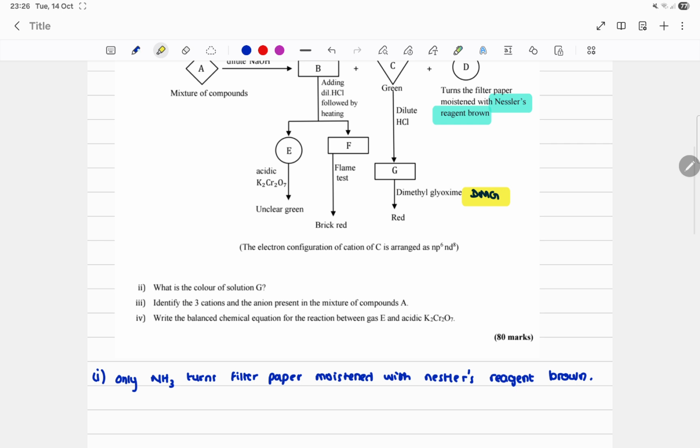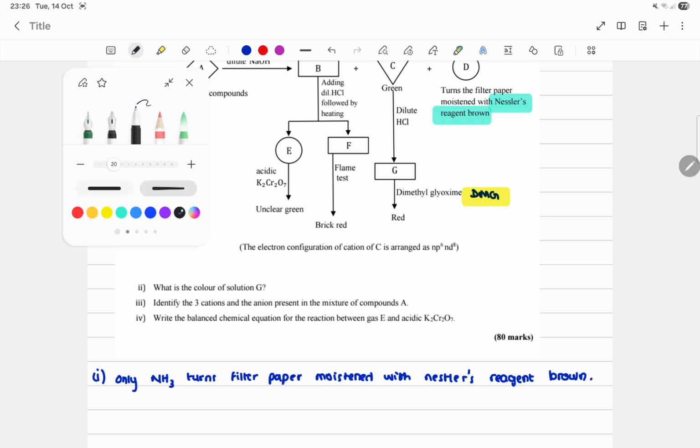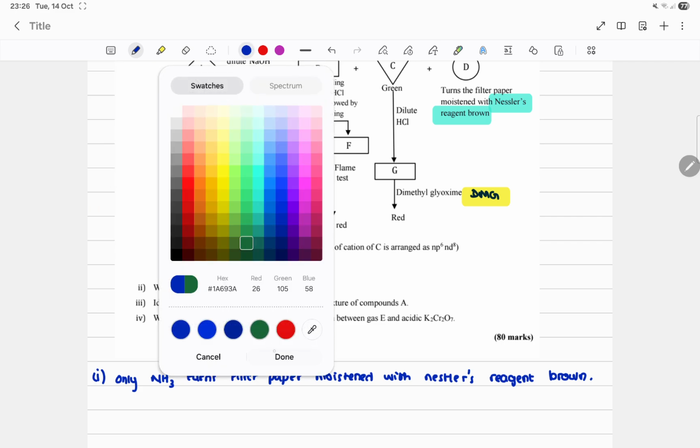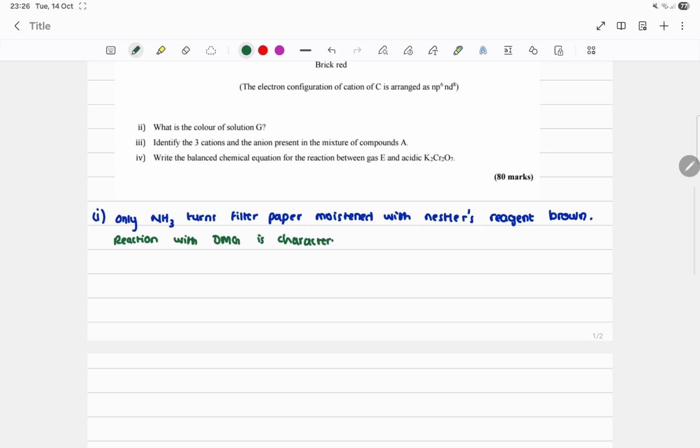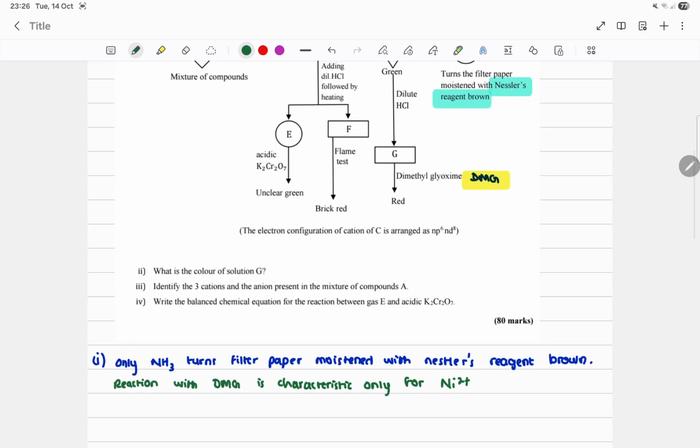It's not in the syllabus now, but in older syllabuses, so it's worth knowing. Reaction with DMG is characteristic only for nickel 2 plus.